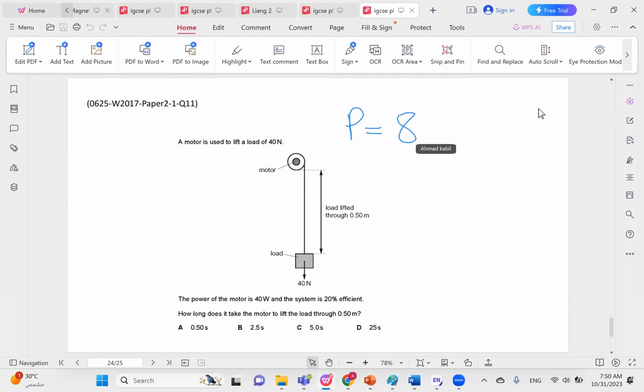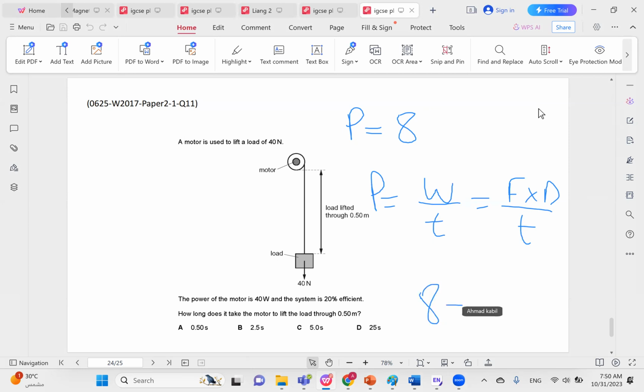How do I use that? I should know that power is equal to work over time. And work is equal to force times distance, which means that power is equal to force times distance over time. We know that the power is 8. So 8 equals the force, which is 40 newtons, multiplied by the distance, which is 0.5, divided by the time, which I'm trying to figure out.